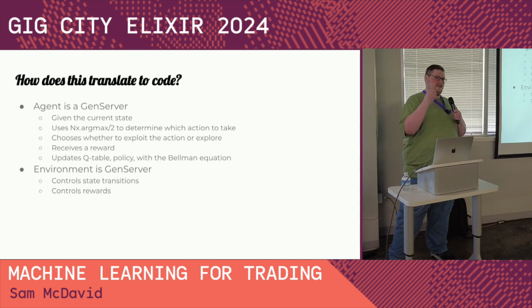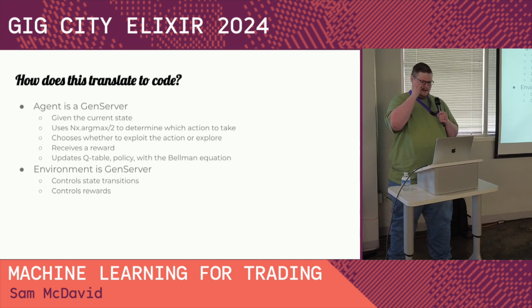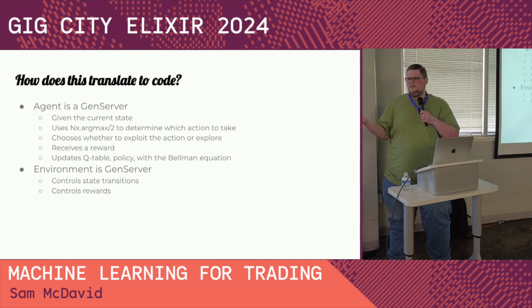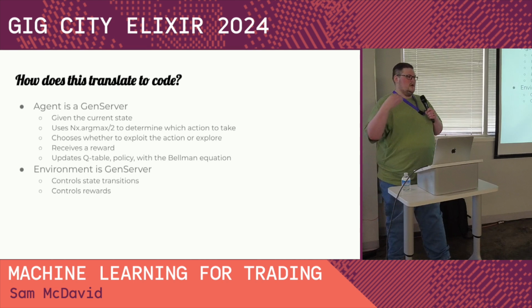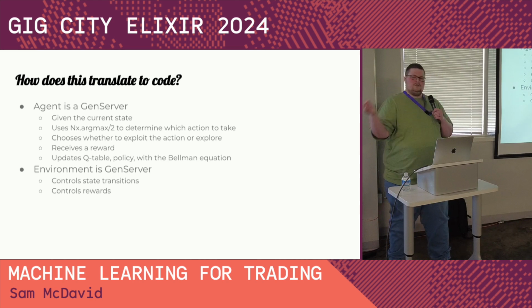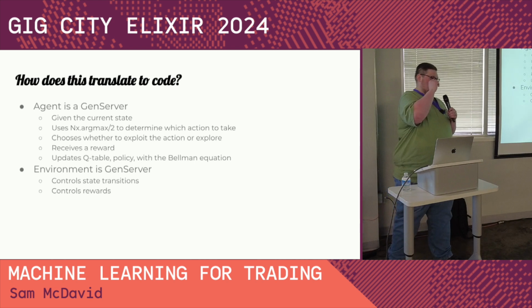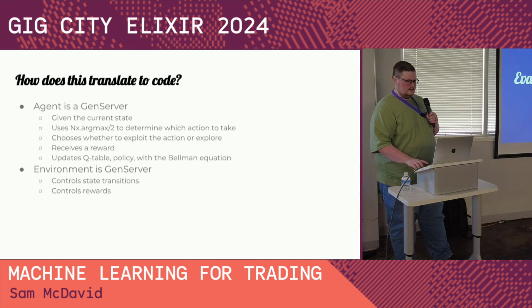It has to manage that queue table, the quality of the state in action. Likewise, the environment gen server also needs to keep track of the current state, and it also has to compute rewards and compute next state. So gen server makes a lot of sense here.